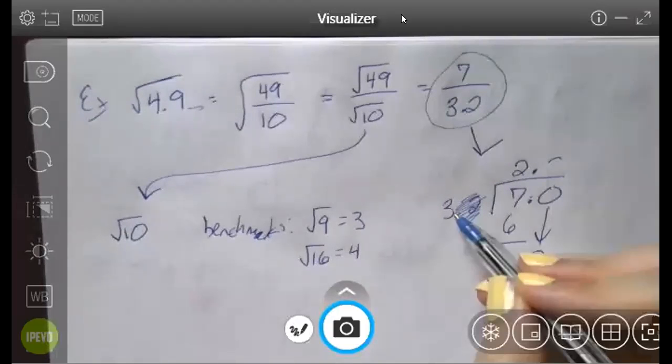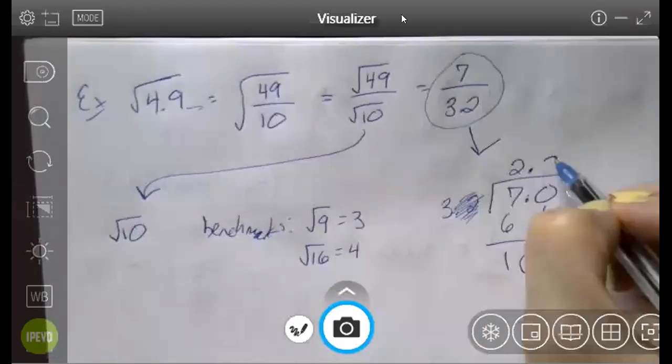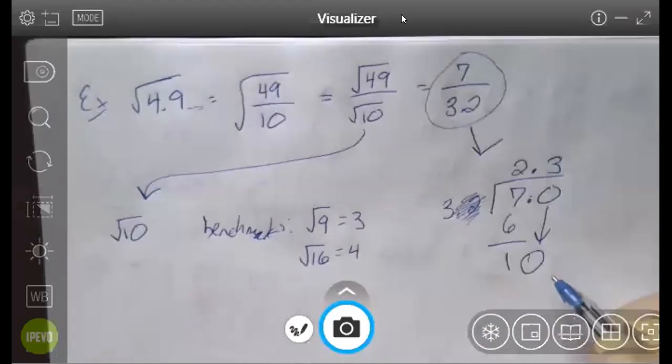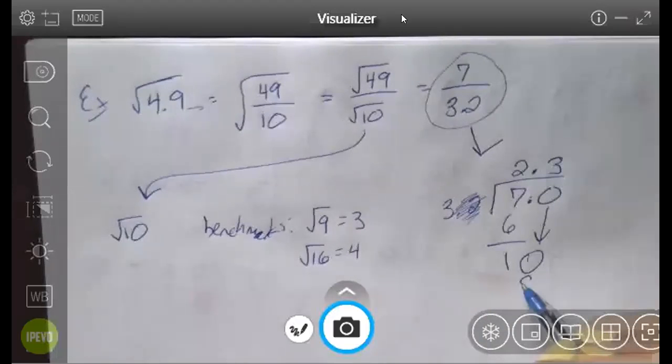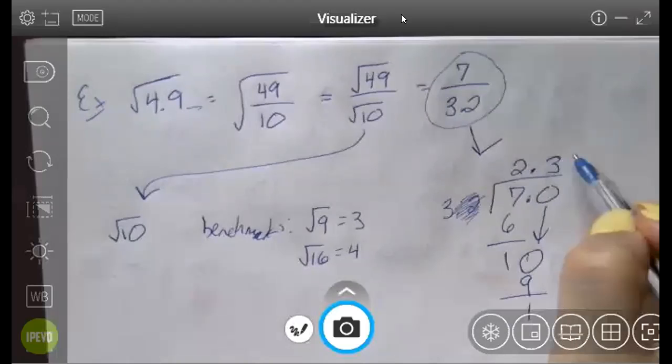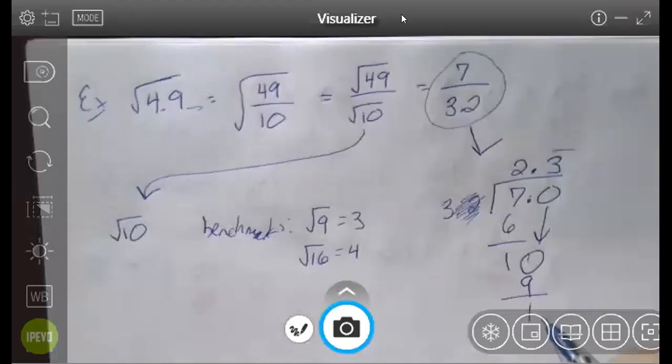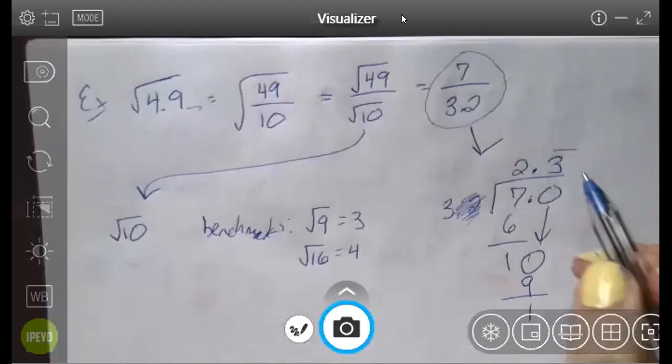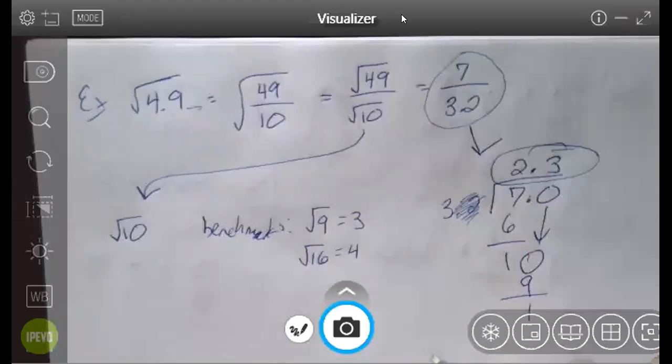Now 3 goes into 10 3 times. 3 times 3 is 9. We have 1 left over. If we were to do that again, we'd get the same thing. So it's 2.3 repeating. So our estimate might be 2.3 repeating. Okay, that is it for today's lesson.